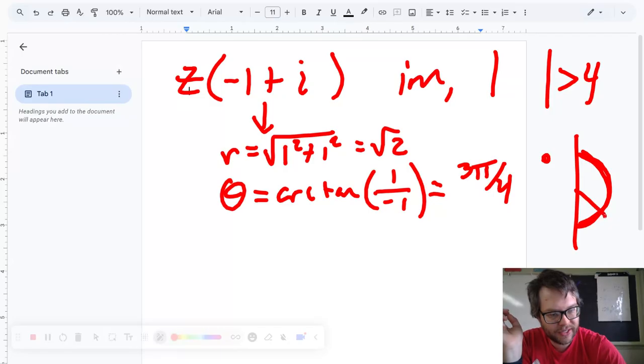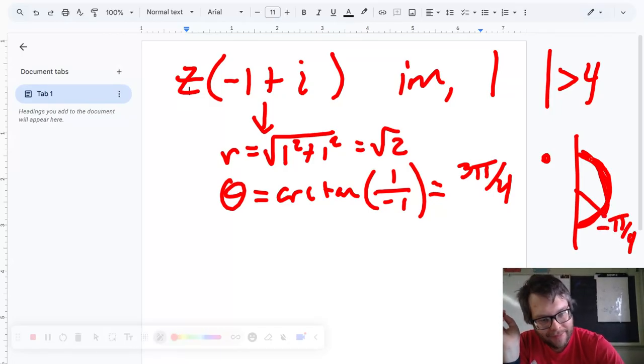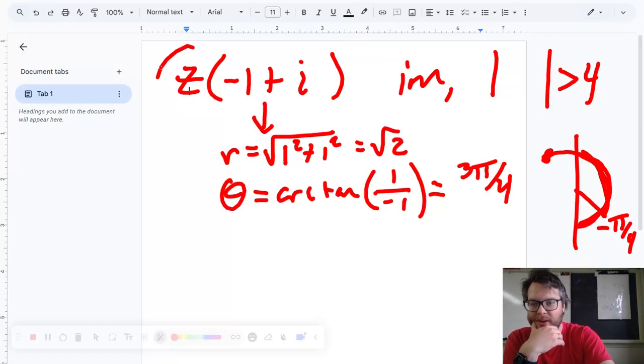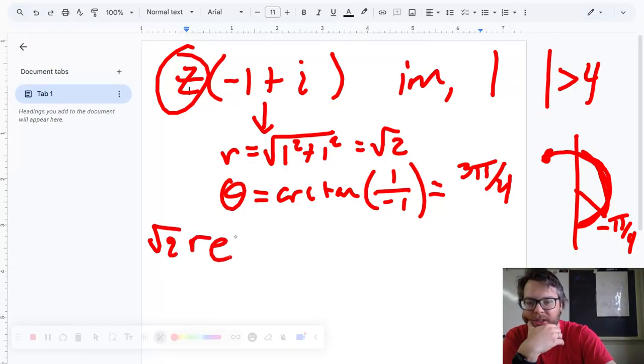So arctan tells us this angle of negative pi over 4, but if we add pi, we end up over here. I usually just visualize it as 3 pi over 4. Anyway, now we know that the r and the theta from z multiply, so we have root 2 r, e to the i, we add the angles, so we have theta plus 3 pi over 4.